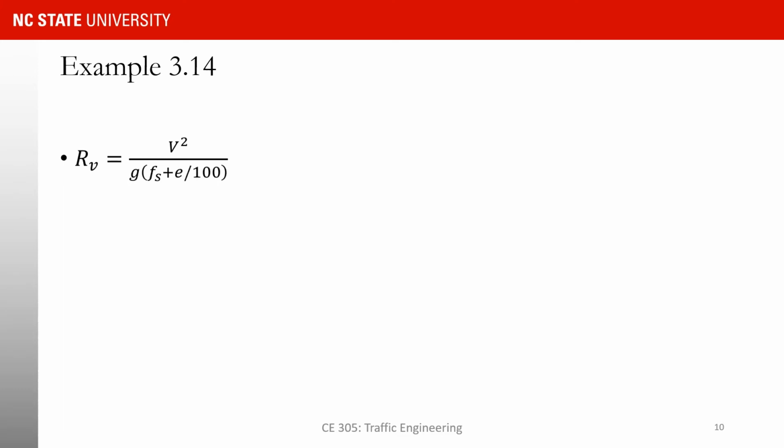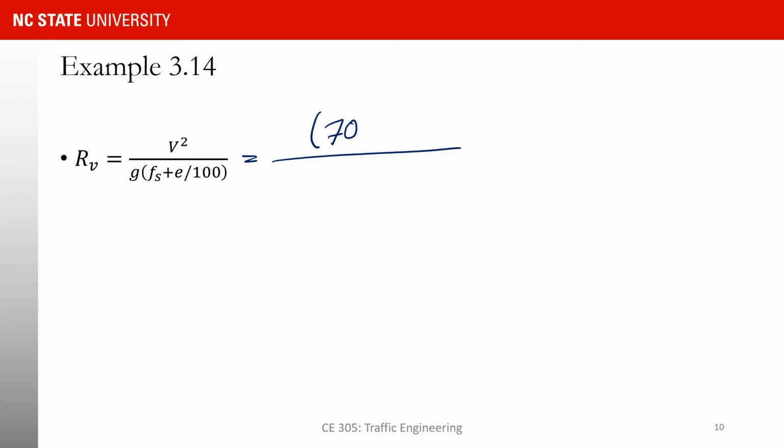Okay, so we know that R sub V is equal to V square over G into F sub S plus E over 100. So pretty much what you need to do is plug the numbers that we had into this equation and get the answer.